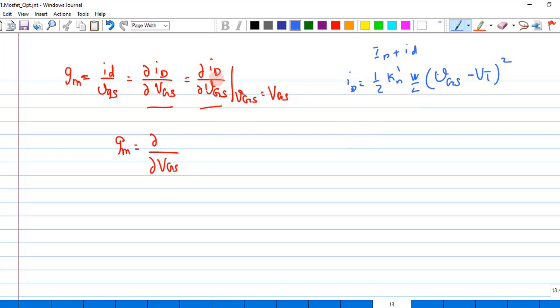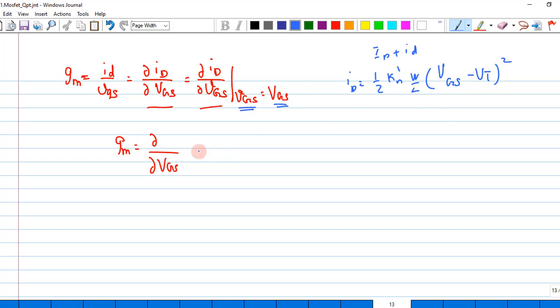But what I said is that I'm going to take the derivative with respect to VGS where this composite signal is evaluated only at capital VGS. So before I substitute here, I replace this composite signal with the capital VGS, and then I take the derivative.